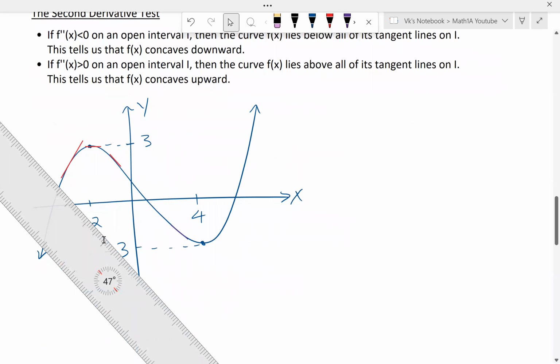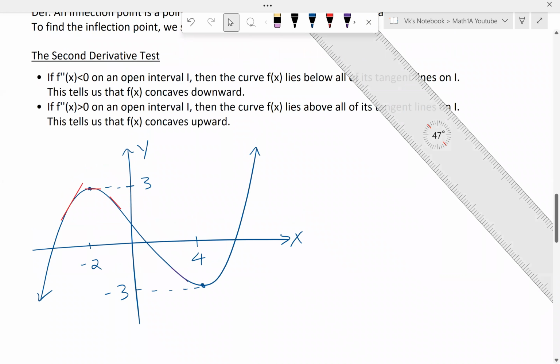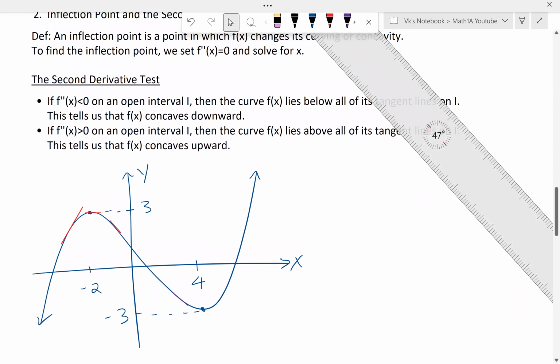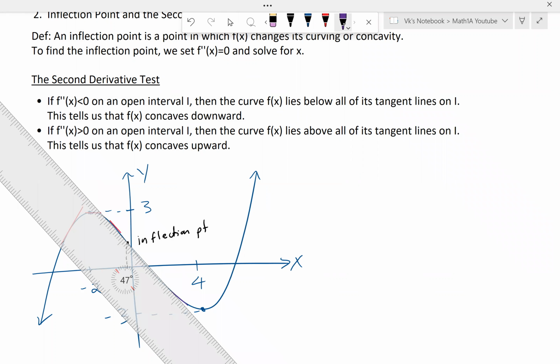As you can see, the curve lies below the tangent line. So it is concave down until we reach some point right here. And this point is called the inflection point. After the inflection point, look at the function.